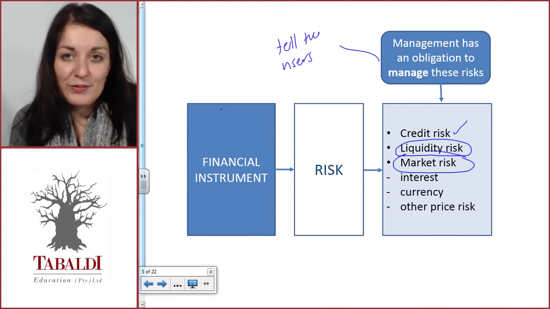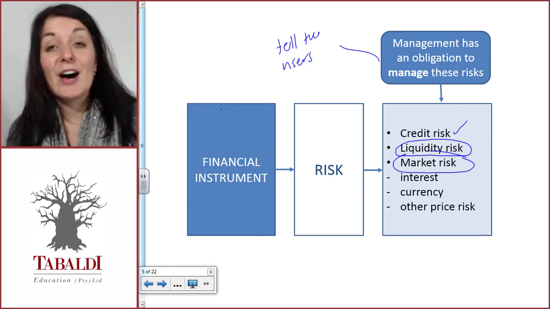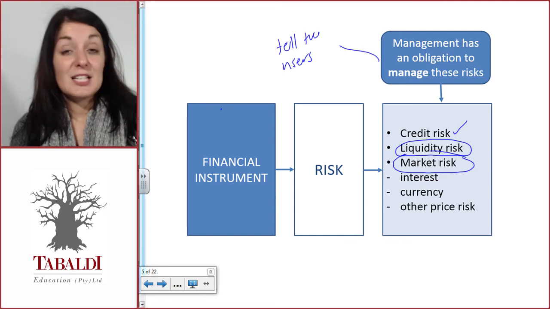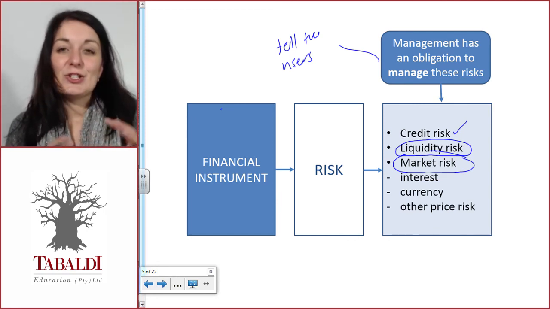What did they do with that capital? What did they do with those resources, and how did they manage it? If they've received capital, how did they expend it? How did they protect it? How did they manage it? And we need to disclose that.